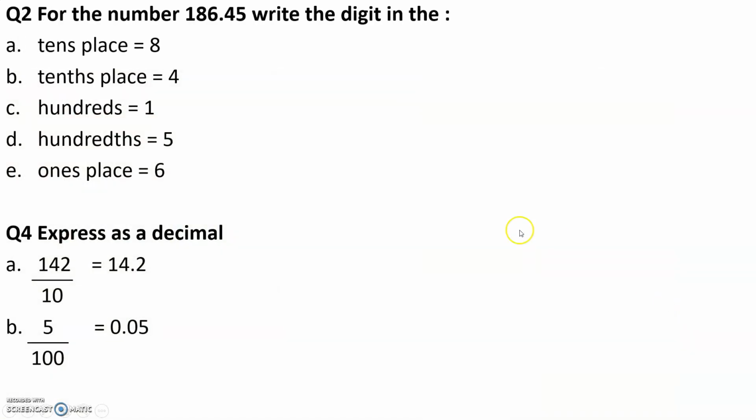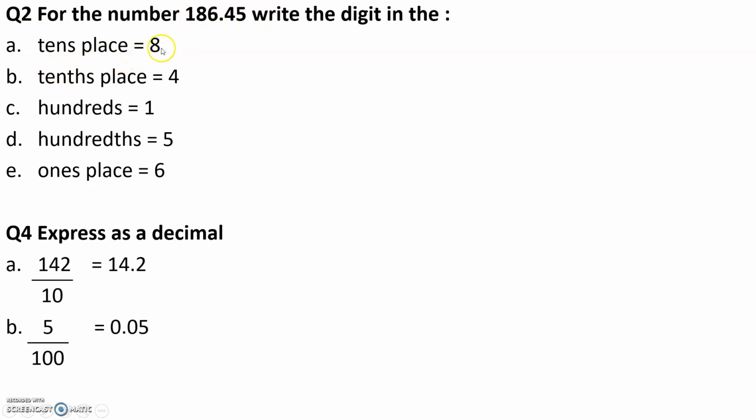Then question 2. For the number 186.45, write the digit in the tens place. Where is it? It will come before the point, on this side. See here. And after the point, this will be tenth. It will come after the point. So tens, this is ones and tens.